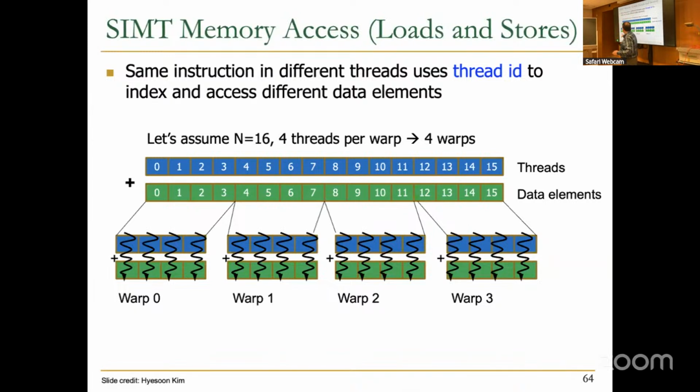In warp 0, we have thread ID 0, 1, 2, and 3. And in warp 1 also, we have thread ID 0, 1, 2, 3. If you combine the thread ID with your warp ID, you get a unique ID, and based on that ID, you can access your memory. That's why address calculation in the hardware is quite easy.